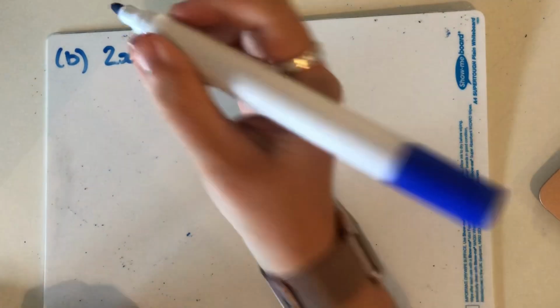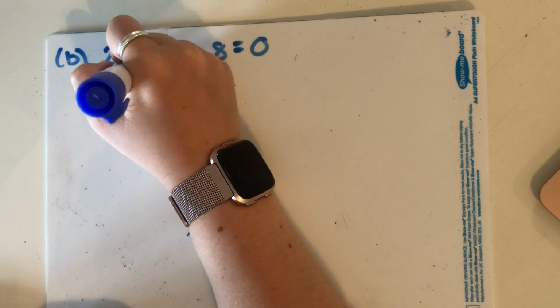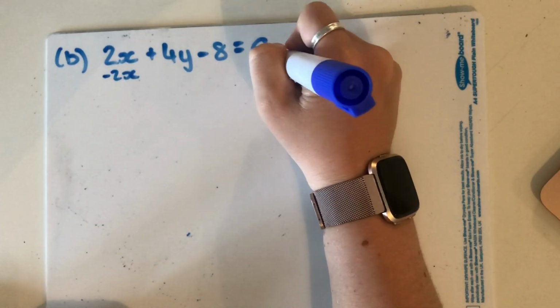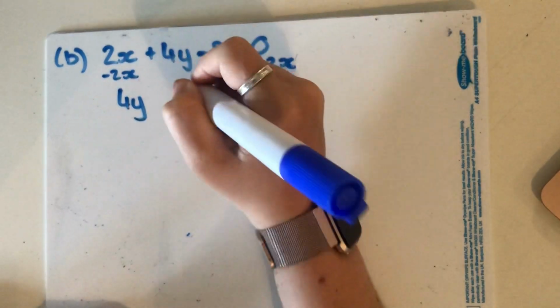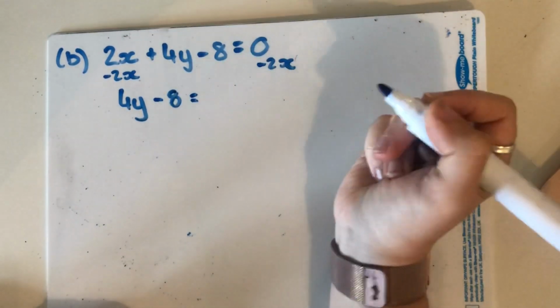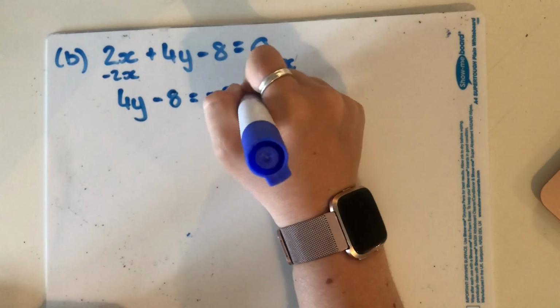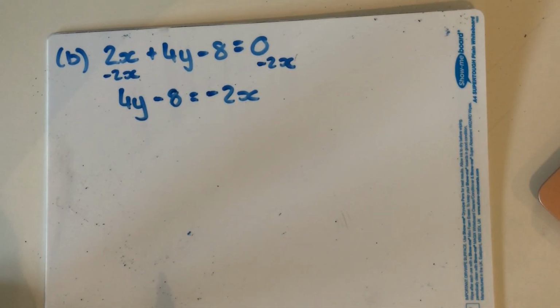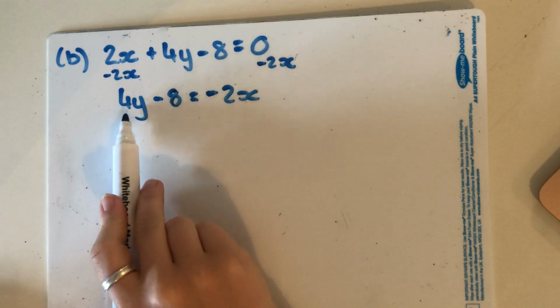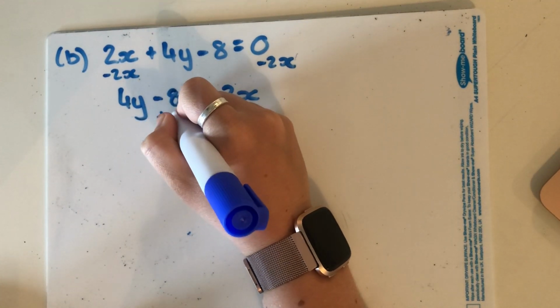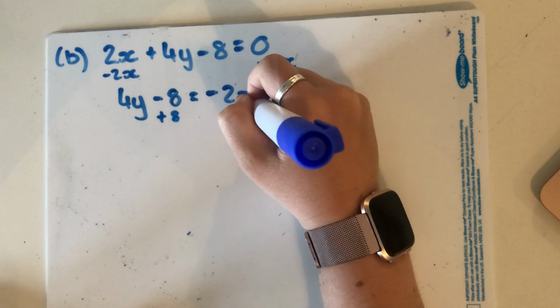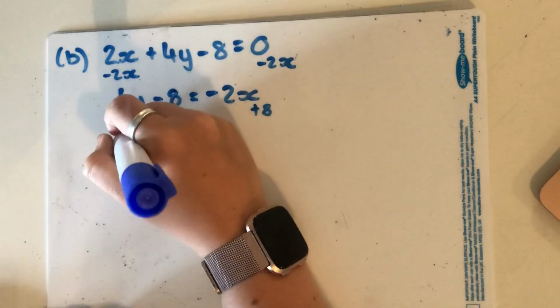Alright, so I'll do it in steps. So I'm going to subtract the 2x from both sides to start with, okay, which is going to leave me with 4y minus 8 is equal to negative 2x on the right. Okay, I only want the 4y on the left for now, so to get rid of the negative 8, I'm going to balance it and add 8 to both sides.